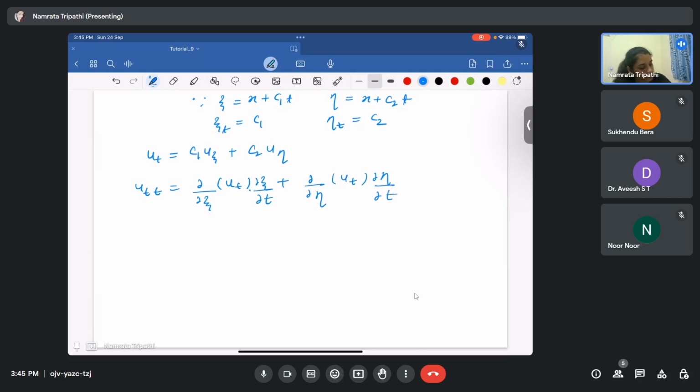Fine. You can substitute the value of ut here from the above expression. Then you will get c1 u xi plus c2 u eta into xi of t, plus c1 u xi plus c2 u eta into eta of t.